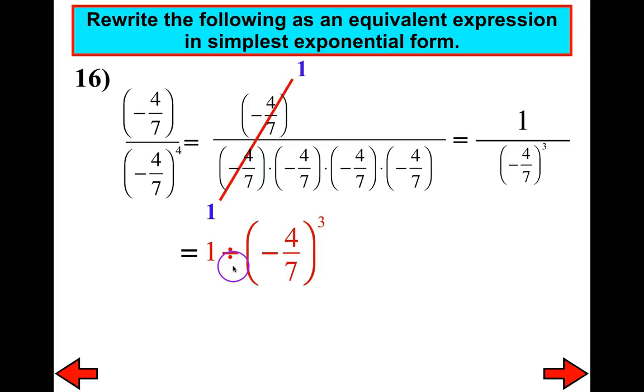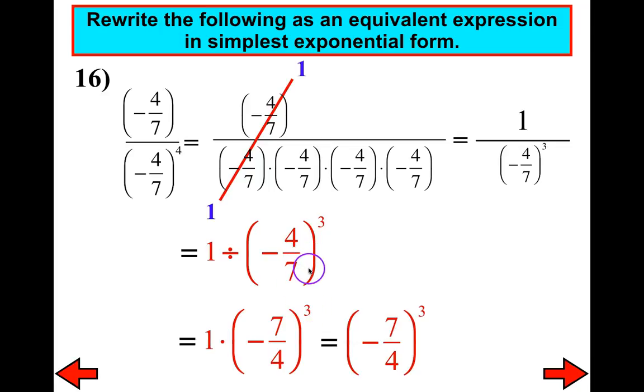This could be rewritten as 1 times the reciprocal, so 1 times negative 7/4 cubed. So here in exponential form, it's just negative 7/4 cubed. But again, if they ask you to evaluate, you would go ahead and multiply the numbers out, which would give you a negative 343 over 64. But again, it just depends on the instructions.